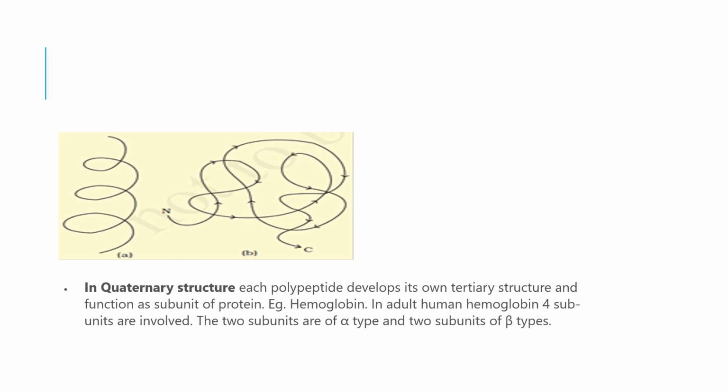In quaternary structure, each polypeptide develops its own tertiary structure and functions as a subunit of the protein. For example, hemoglobin. In adult human hemoglobin, four subunits are involved: two subunits are of alpha type and two subunits of beta type. So this is quaternary structure.